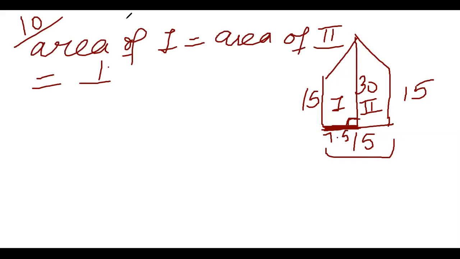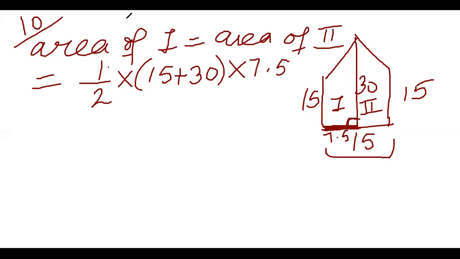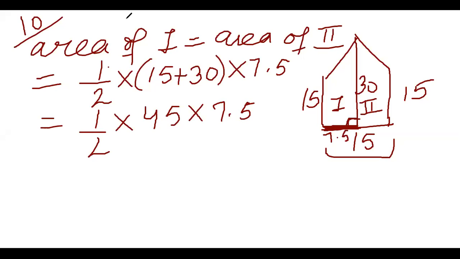So we'll apply the formula, half into sum of parallel sides into height, right? It will be half into 45 multiply 7.5. You can open 7.5 as 75 upon 10, or you may directly multiply 45 into 7.5, and then you may divide by 2.